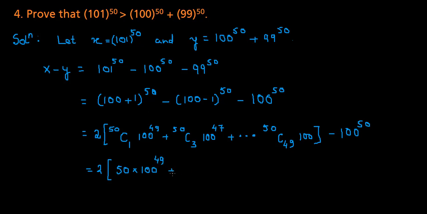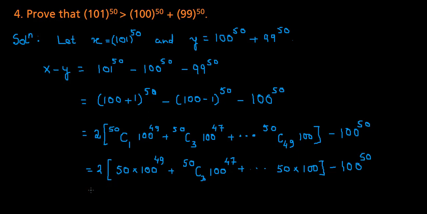Now we're not going to make any changes. We'll leave 50c3 the way it is. It's simply 100 raised to the power of 47. 50c49 is 50. Yeah, that's 50. So 50 times 100 minus 100 raised to the power of 50.